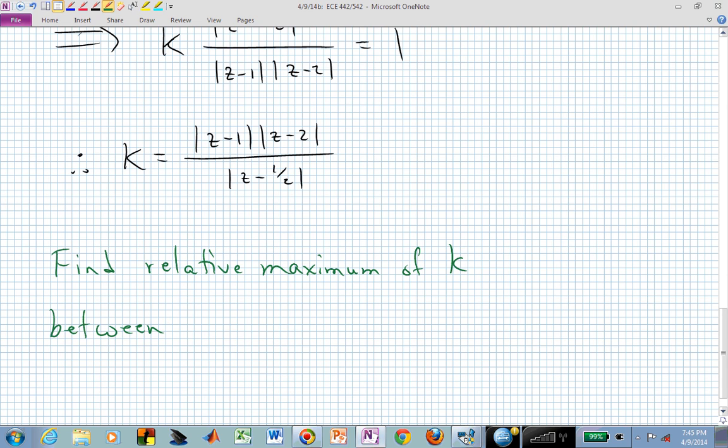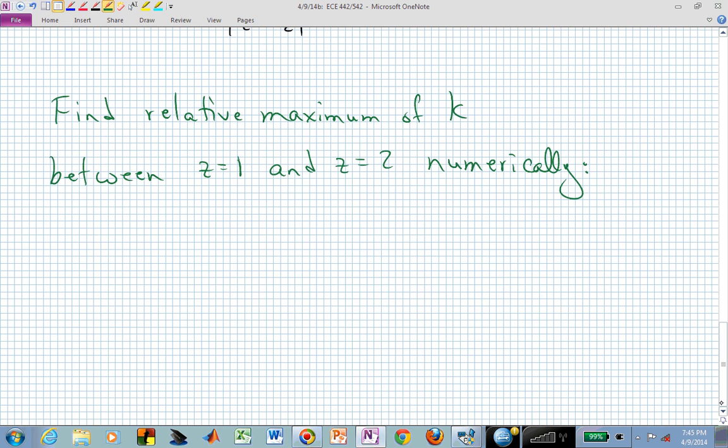It's going to be between z equal 1 and z equal 2. So let's find the relative maximum of k between z equal 1 and z equal 2 numerically. And let's go to our calculator and see if we can do that.